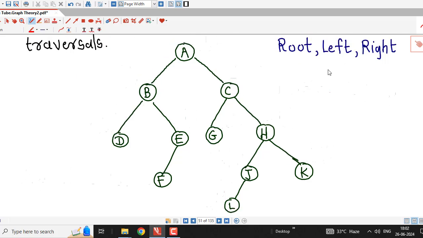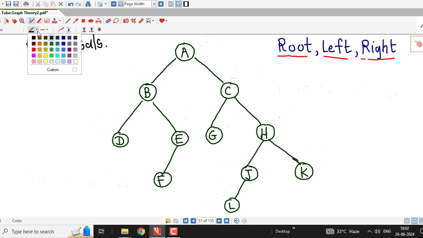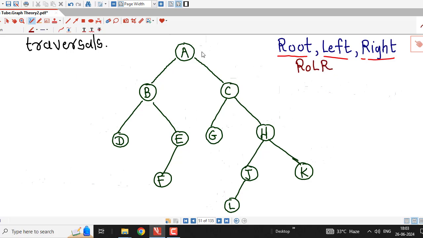For pre-order traversal we start with the root, then consider the left subtree, and after that the right subtree. Before starting, we write down these three things: the root, denoted by RO, then L, the left subtree, and then R, the right subtree.